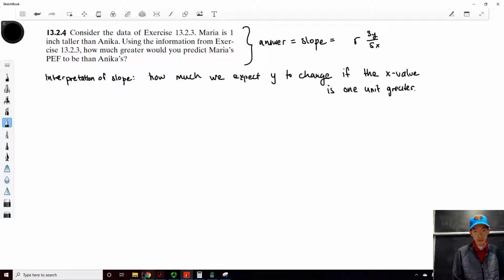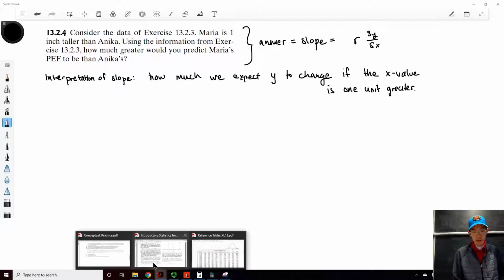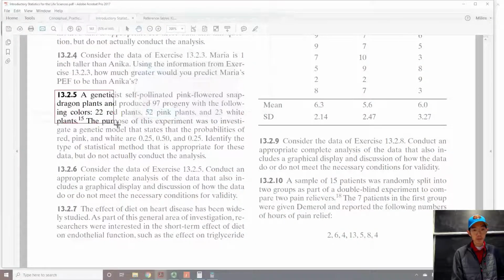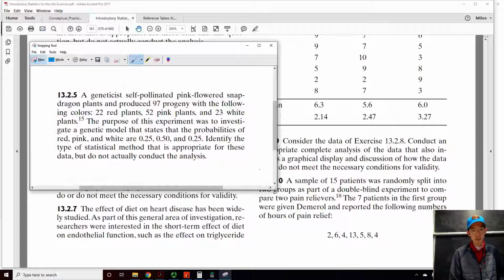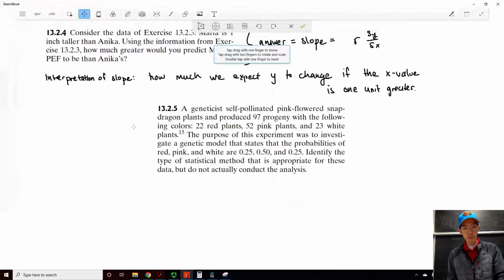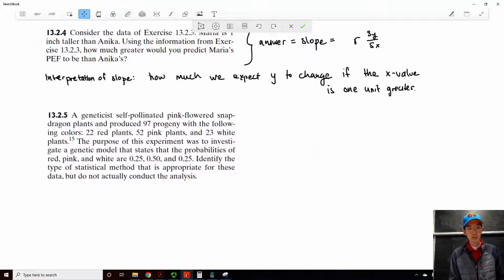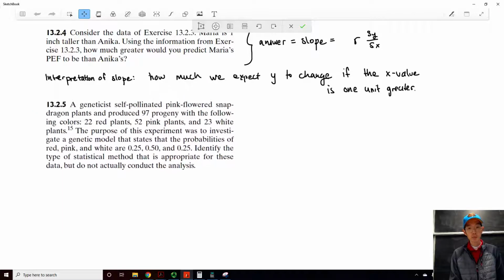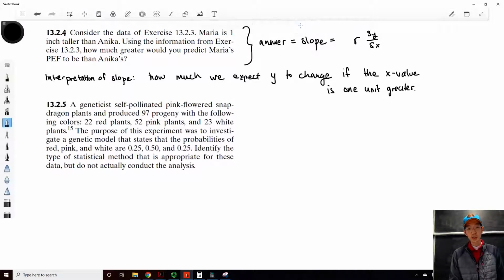All right, let's go to the next one. 13.25: a geneticist self-pollinated pink-flowered snapdragon plants.